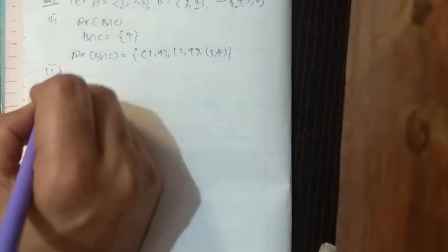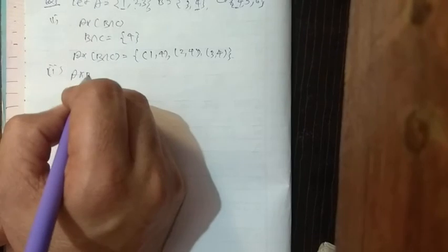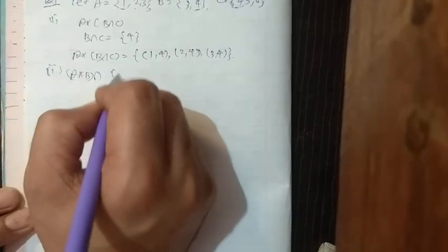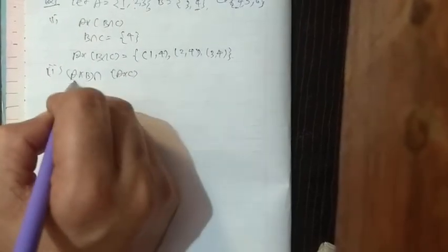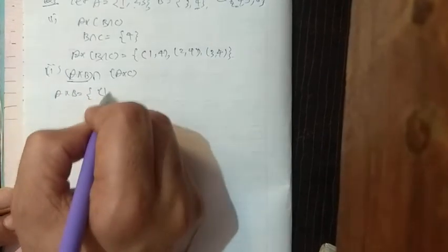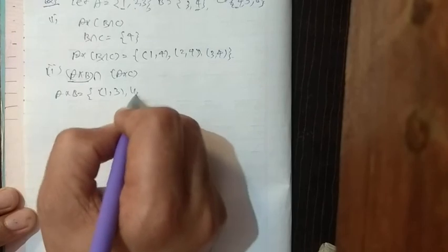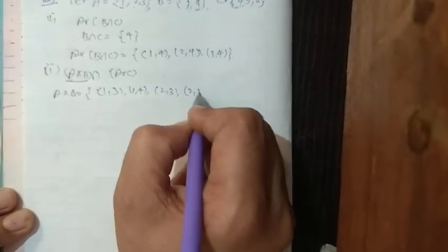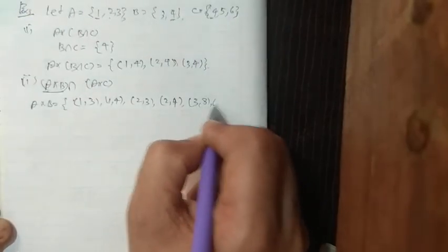In the second part, (A cross B) intersection (A cross C). So first you find A cross B, that is (1, 3), (1, 4), (2, 3), (2, 4), and (3, 3), (3, 4).